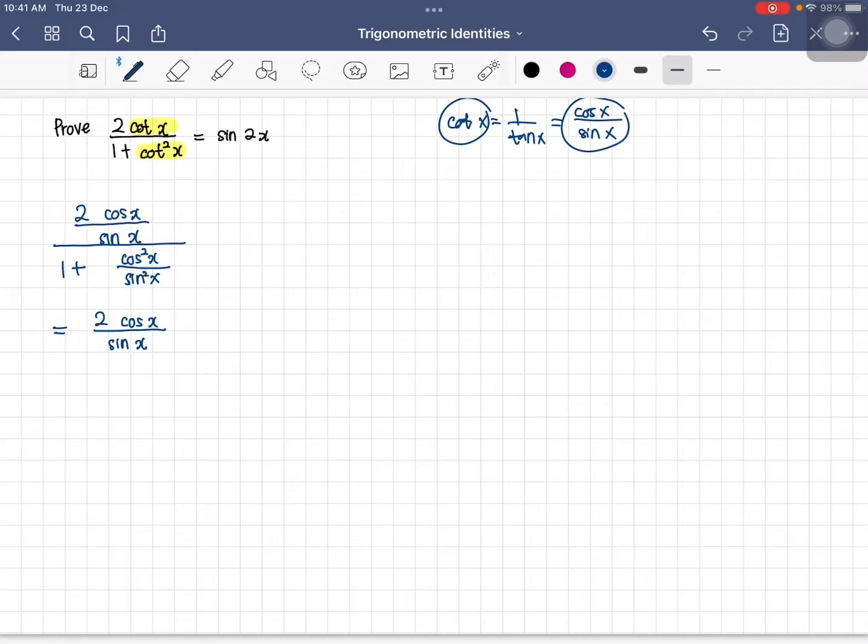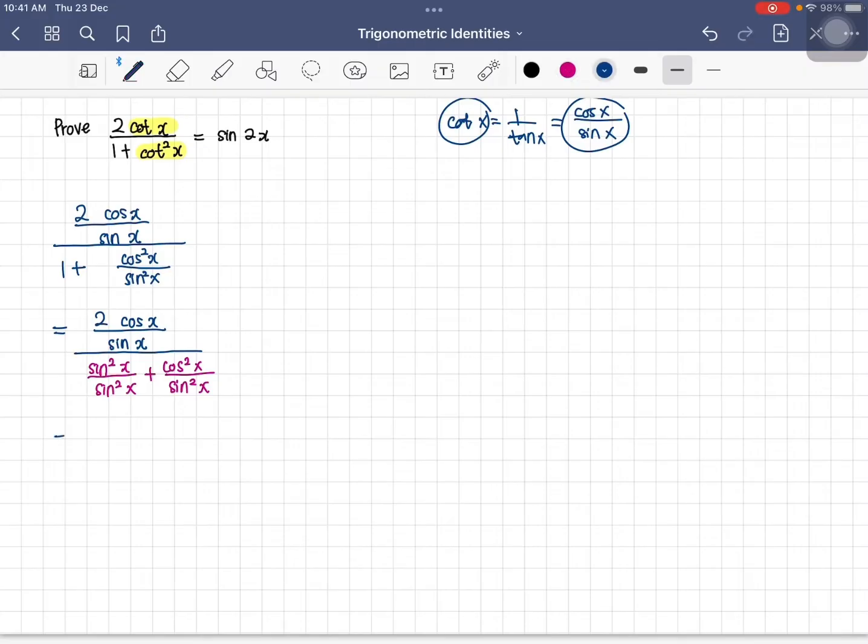Now I'm going to make this a single fraction. How do I do that? I'll just multiply this part by sine square of x over sine square of x. So I'll have sine square of x over sine square of x plus cos square of x over sine square of x. Because they have the same denominator, we can combine it as one fraction.